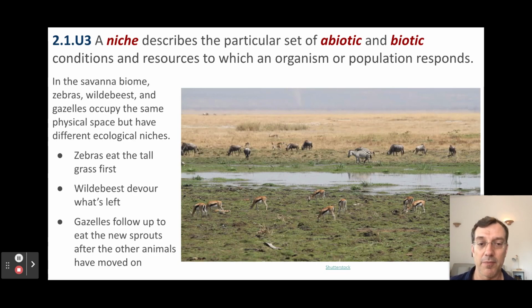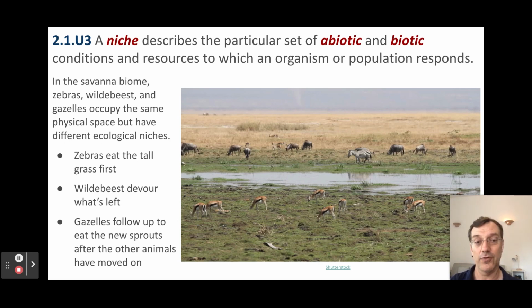And here we are back in East Africa again, and we've got zebras, wildebeest, and gazelle in this picture, all occupying the same physical space, but they have different ecological niches because of the food that they eat. Zebras come through and they eat all the tall grass first. Then the wildebeest follow and they eat what's left over.